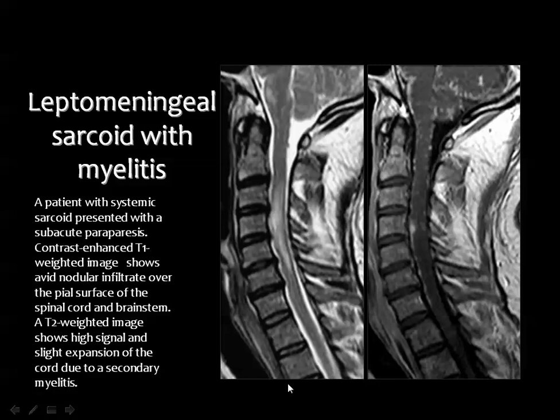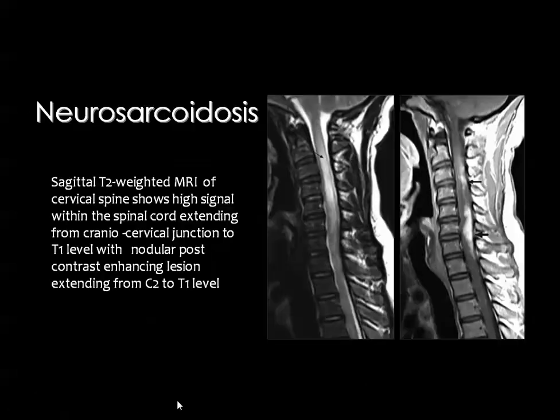But in absence of a known malignancy, this will include a differential diagnosis of sarcoid, leptomeningeal metastasis, and you remember also some cases of acute demyelinating encephalomyelitis. This is also an appearance of sarcoid.